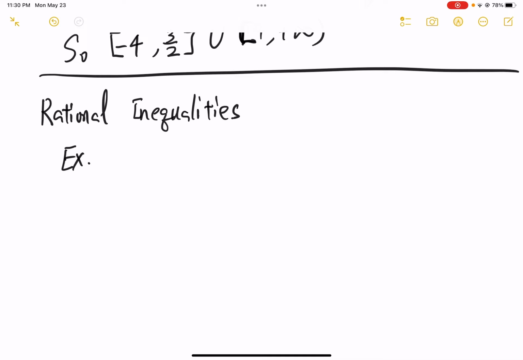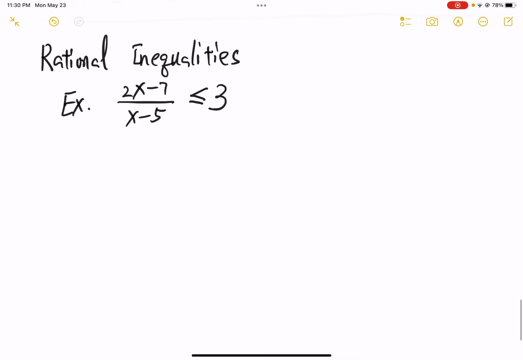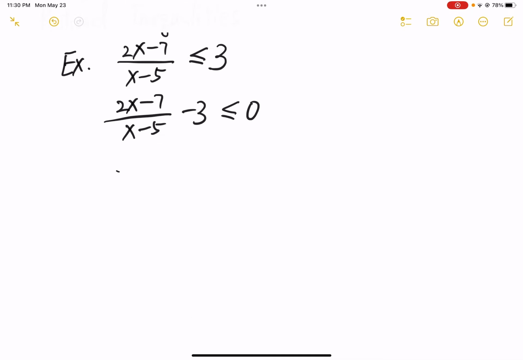Okay, so here is one example. If we have 2x minus 7 over x minus 5 is less than or equal to 3, we need to make the right side 0, so we subtract 3 on both sides. Every time we need to do that. Then we combine the terms: 2x minus 7 minus 3 times x minus 5.